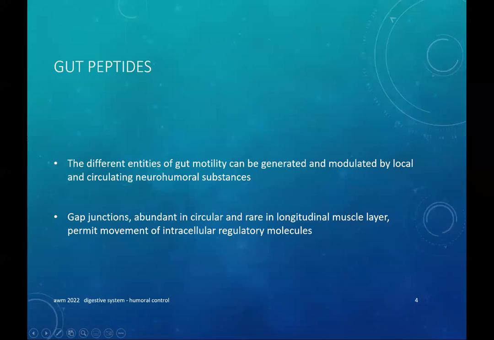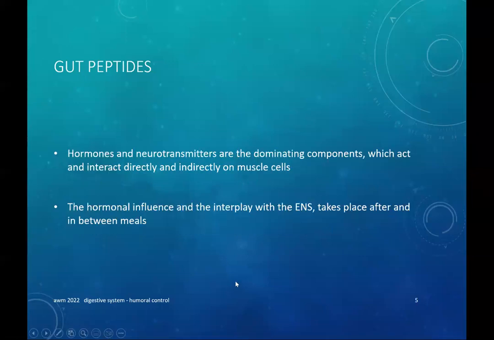So what I'm saying is that the most prominent change is a change in the lumen size. Now, the hormones and the neurotransmitters are the dominating components, and they act directly and indirectly on the muscle cells.